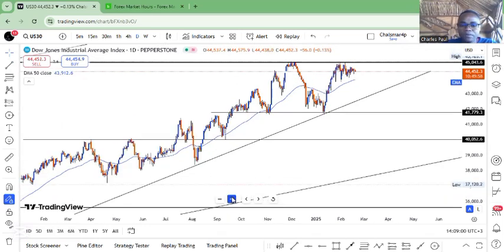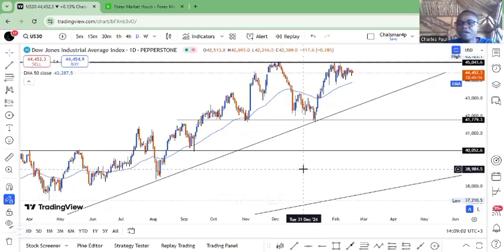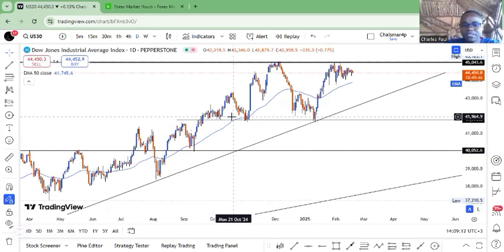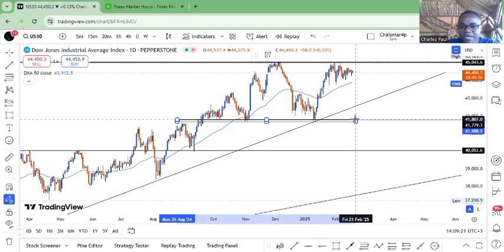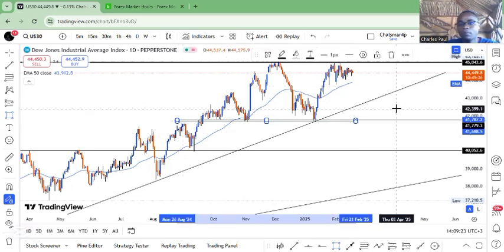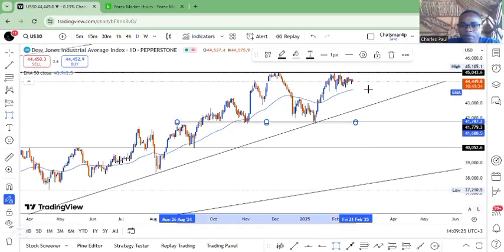Some people are asking me, hey Charles, what are the advantages of support and resistance, the advantages of trend? So at least at this time you can see exactly the advantages. This is the strongest support level, and everyone knows that at support, that's where you can take more buys.